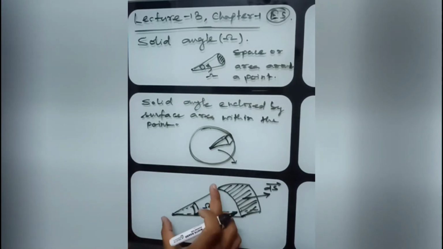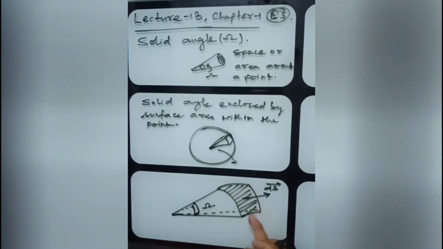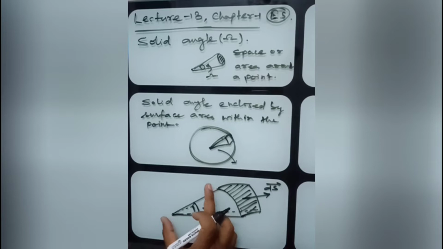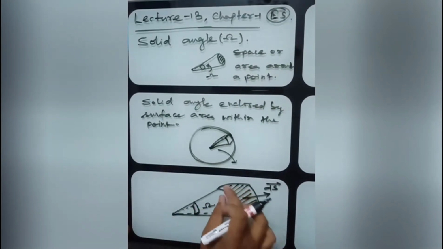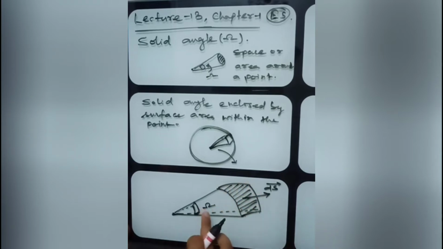At this specific length, this area matters for what the solid angle will be. Otherwise, if you change this length, this area might change for the same solid angle.